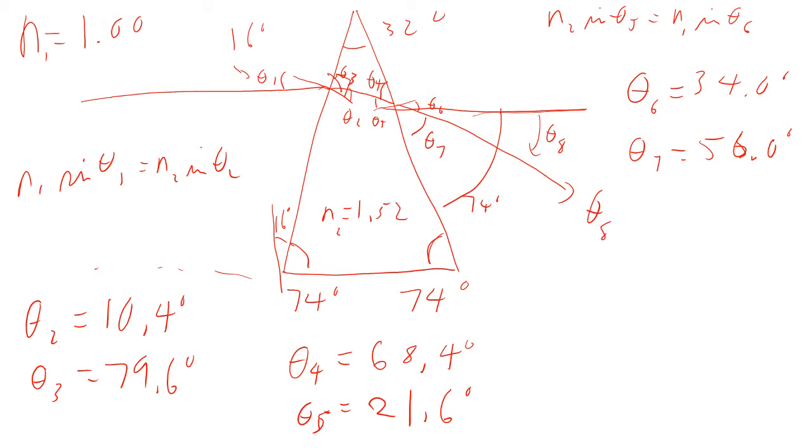So theta 8 is going to be equal to 74 minus 56 degrees. So that's going to be 18 degrees. So we have an 18-degree angle right there. Now, that's the example here for this prism.